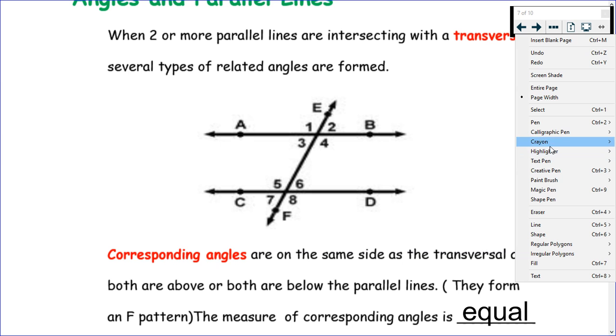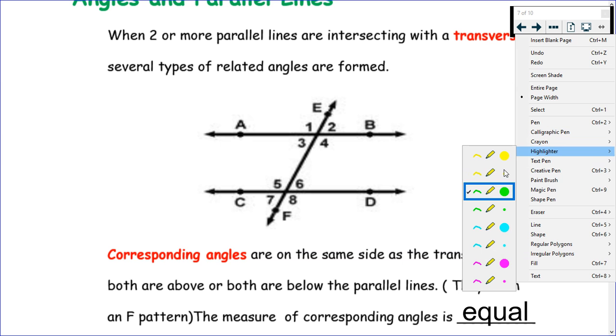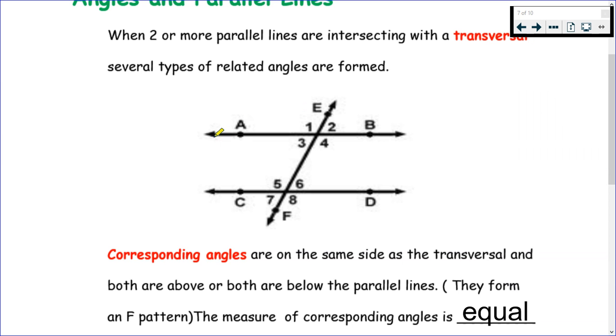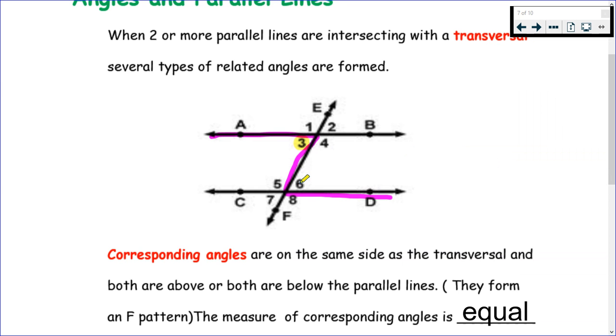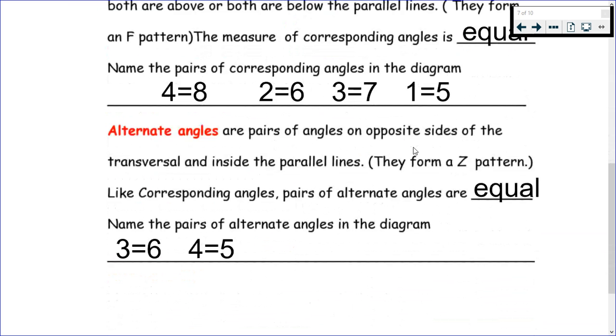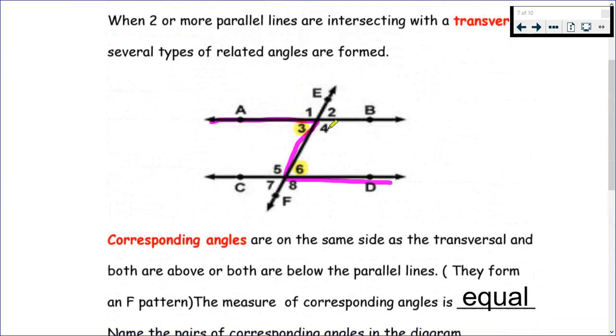All right, so let's look at our Z first of all. Our Z is going to be here. And the angles that are contained inside the Z right here are 3 and 6. Those are going to be the same angle. So angle 3 and angle 6 are going to be the same. We also said that 4 and 5 are the same. They're not in the Z, they're on the outside corner.